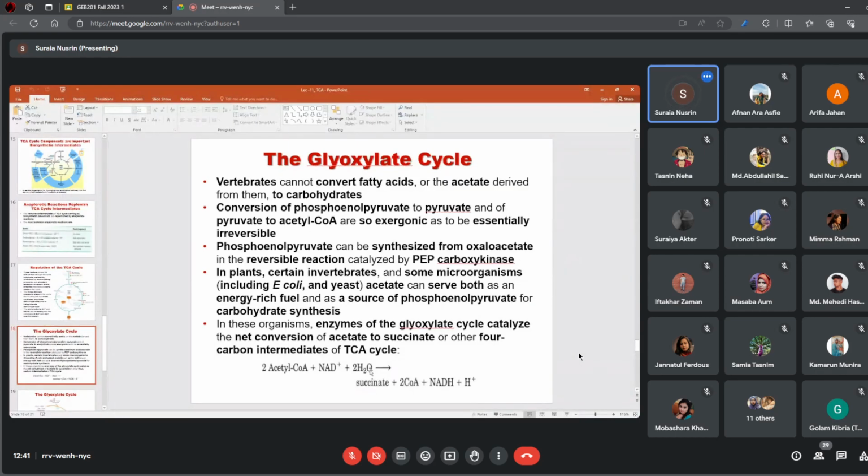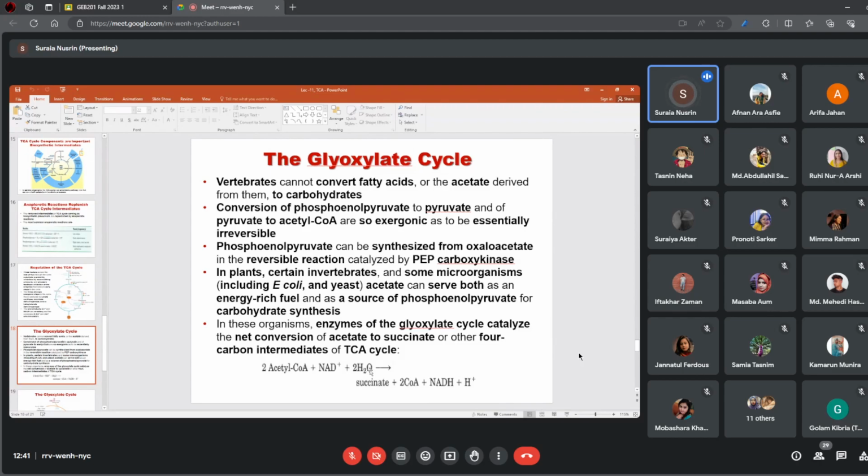In plants, certain vertebrates and some microorganisms, they can do this. They can utilize the acetate both as a source of fuel as well as a source of phosphoenol pyruvate to synthesize carbohydrate.